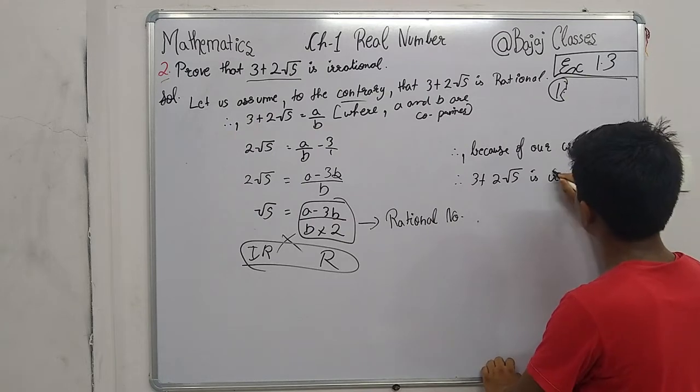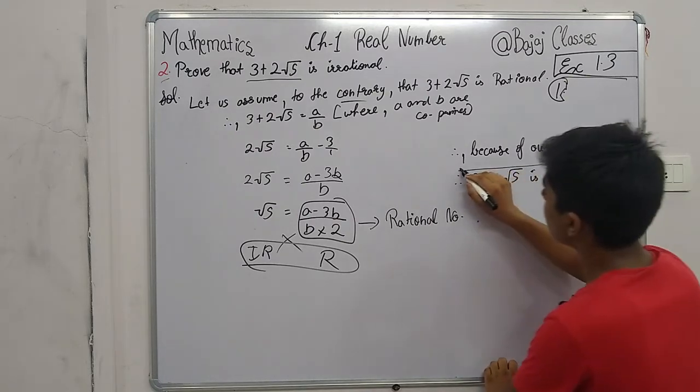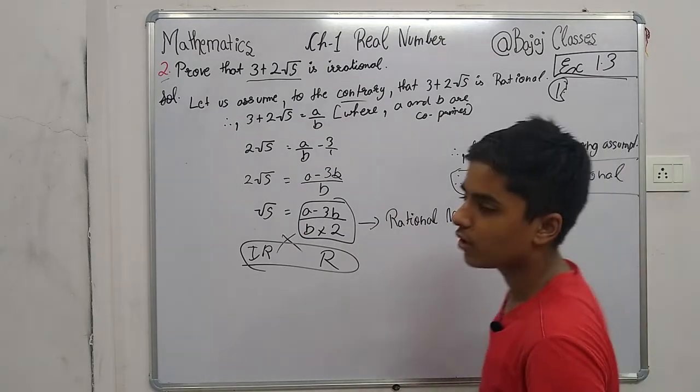So we have proved by this method that 3 plus 2 under root 5 is irrational, and you can do all the other questions also in the same way.